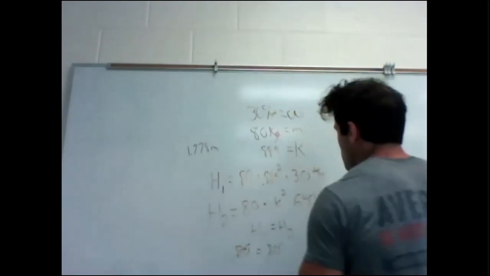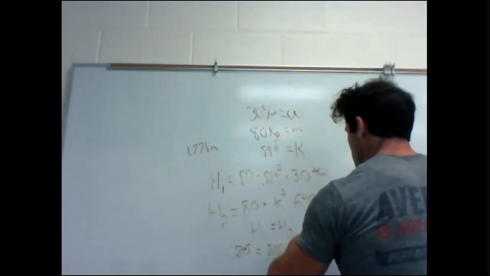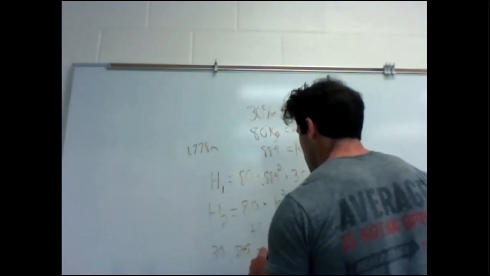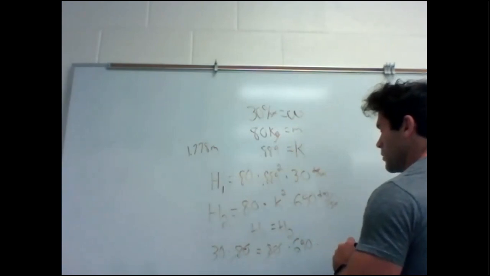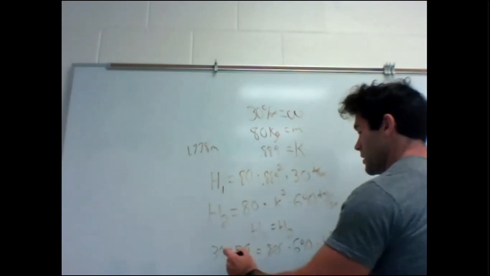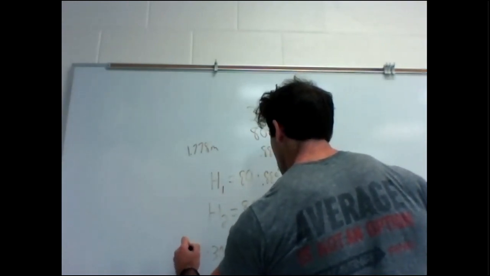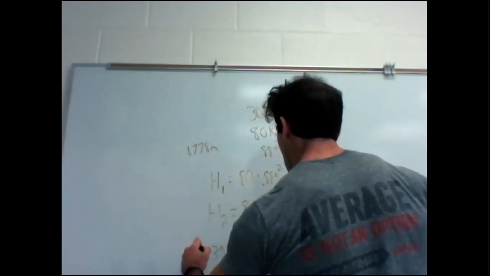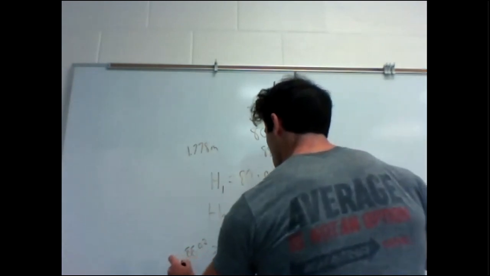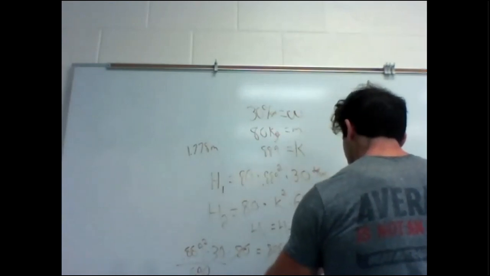Oh my God, I take up too much space. We're going to get rid of those 80s. We're then going to have 690, and then we're going to have 30. Then we're going to have our K squared, you don't know what that is yet, and we're going to have 0.889 squared. So we're going to divide both sides by 690.